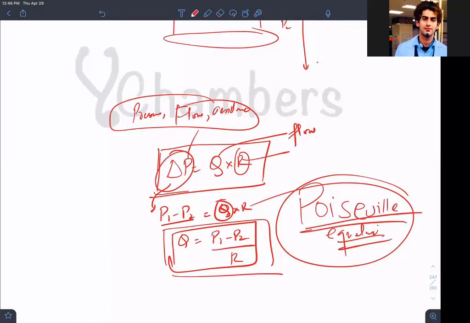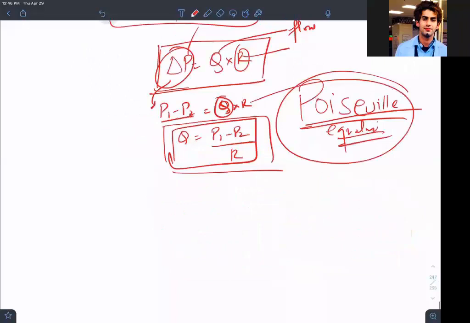What is P here? We are taking this pressure as the effective perfusion pressure, not actually P. The difference of P1 minus P2 is actually the effective perfusion pressure.